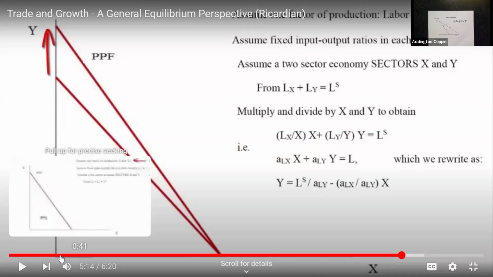If I'm producing both of these goods and I'm producing at a point right here for myself, and there's no second country, I don't actually have any prices, but the prices are imputed. In order to see what the prices are, the slope of the production possibility frontier will be assumed to be the ratio of prices.